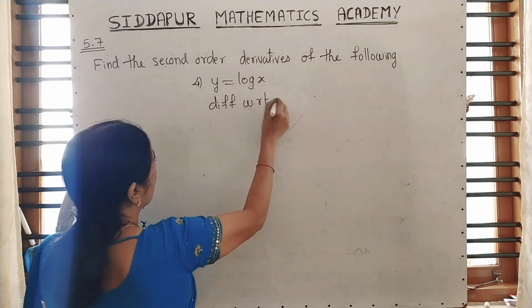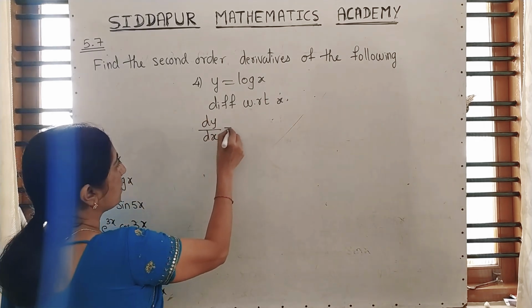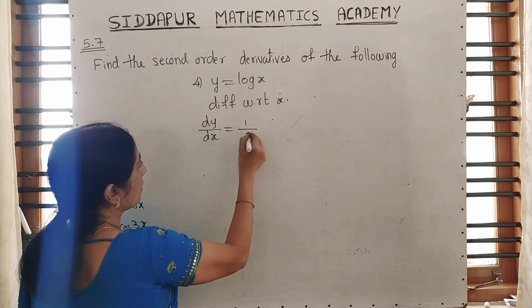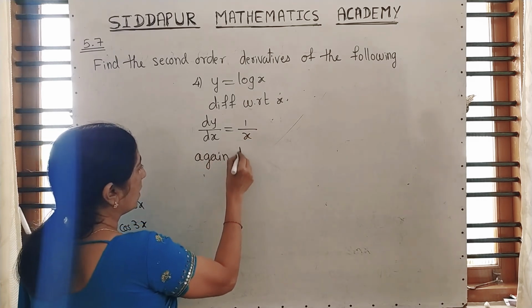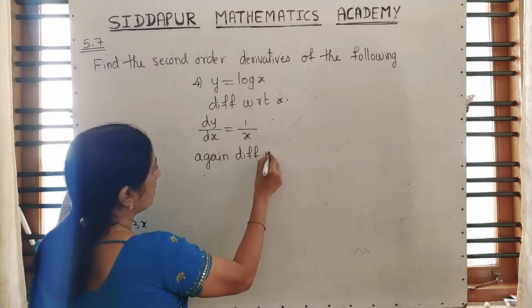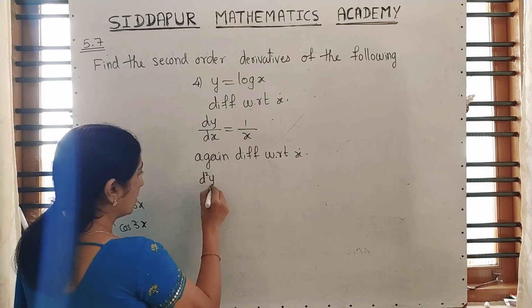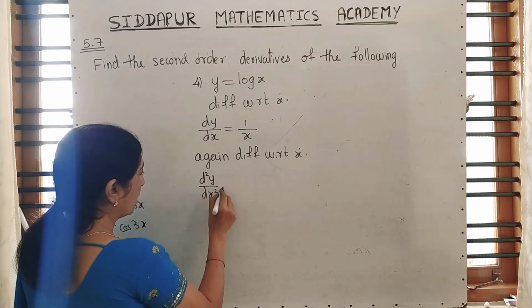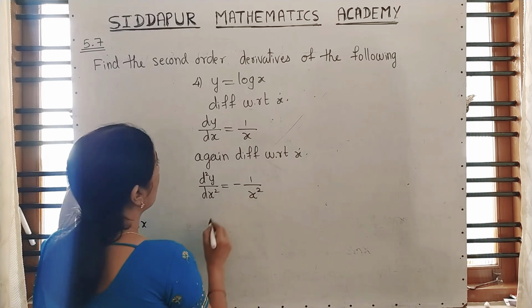Differentiating with respect to x, dy upon dx. Differentiation of log x is 1 by x. Again differentiating with respect to x, d square y upon dx square. Differentiation of 1 by x is minus 1 by x square.